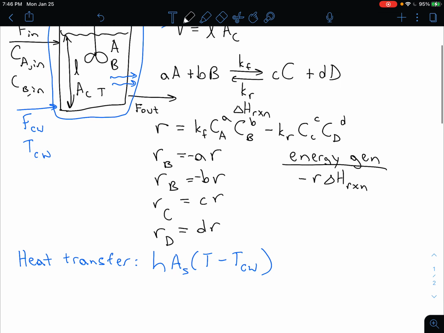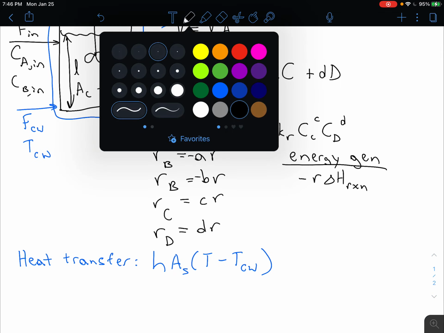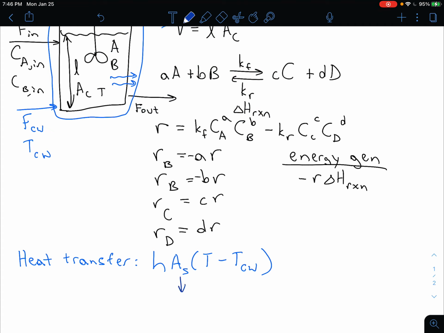And so this is surface area. And this is actually heat flux. Heat transferred per unit time, per unit area.